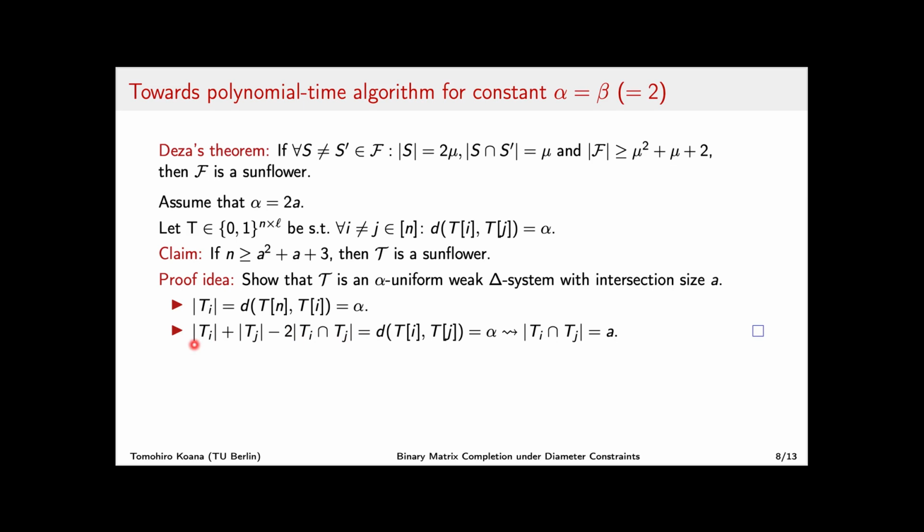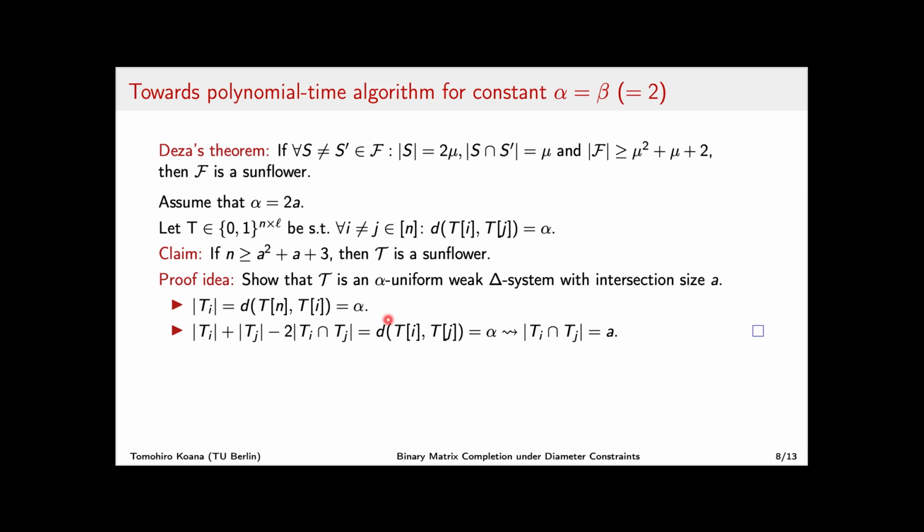So plugging in that the cardinalities of Ti and Tj are equal to alpha, we obtain that the intersection size between Ti and Tj is equal to A. So now that we have shown that calligraphy T is an alpha uniform weak delta system with intersection size A, we can use the delta theorem, and we see that T is indeed a sunflower.